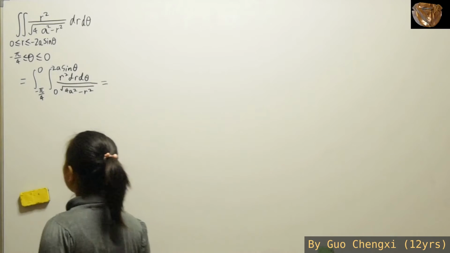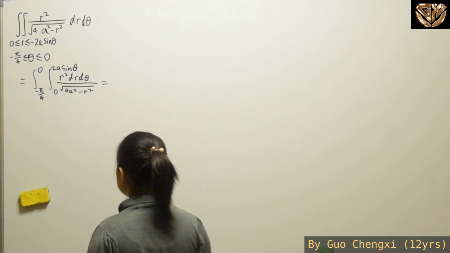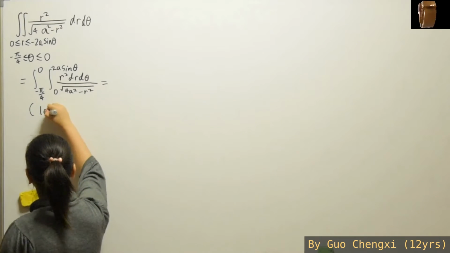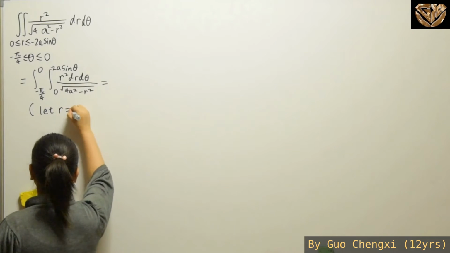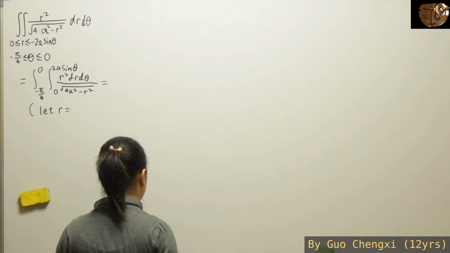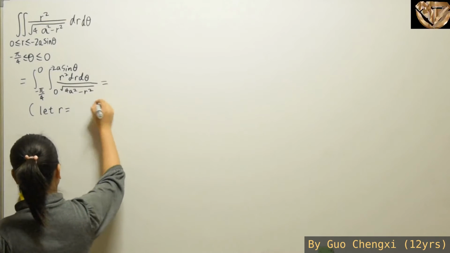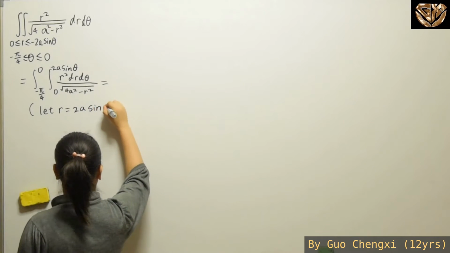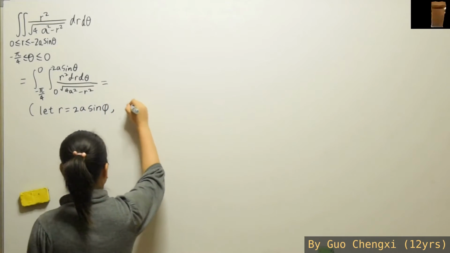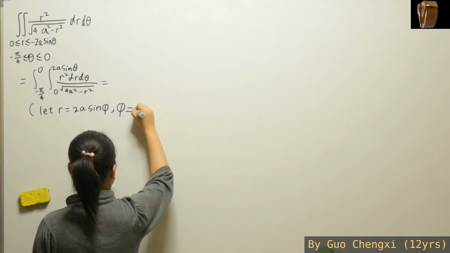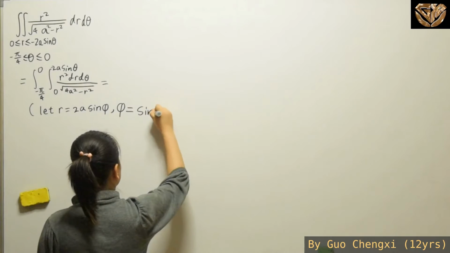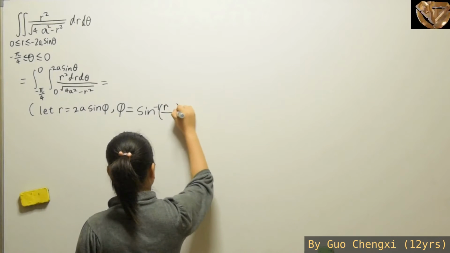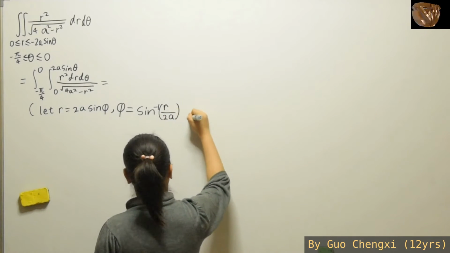Okay, so you may be wondering, we cannot continue on like this. Yes, we cannot continue like this, so we'll have to do a trigonometric substitution, where r is equal to 2a sine phi.